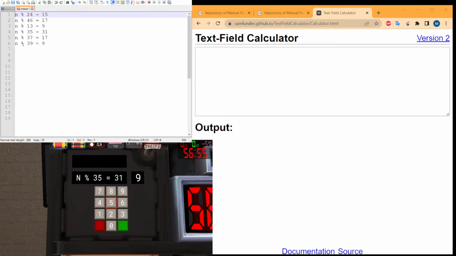That leaves us with these 6 equations that I'm going to sort in descending order of the moduli. So 46, then 39, then 37, 35, like that.